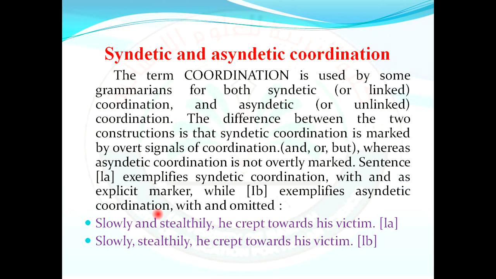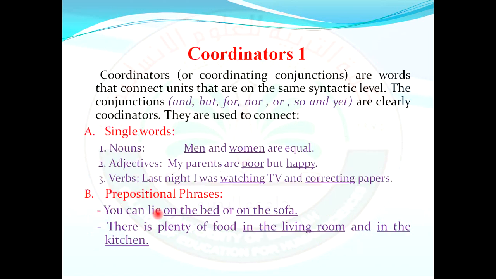So for example, slowly and steadily he crept towards his victim. Okay, so you see slowly and steadily. Now here we have the two adverbs coordinated by means of a coordinating conjunction, and, but in the other example, slowly, steadily, he crept towards his victim, there is no coordinating conjunction.